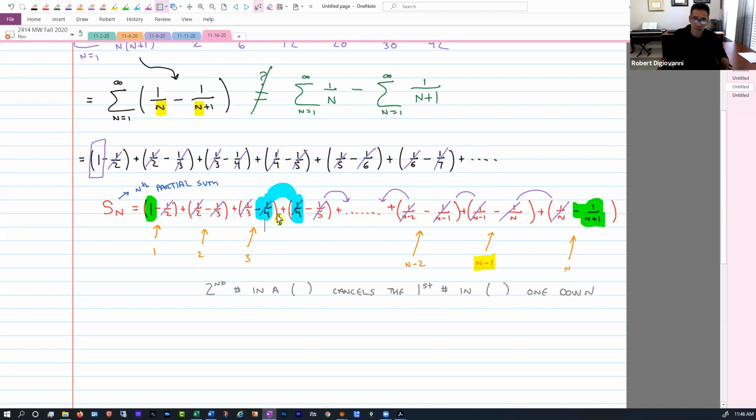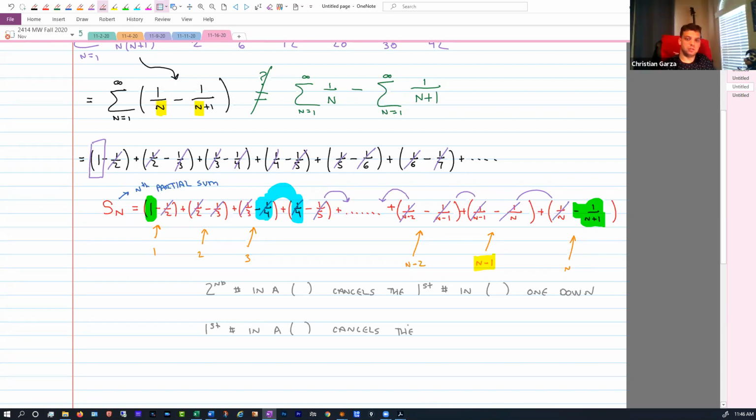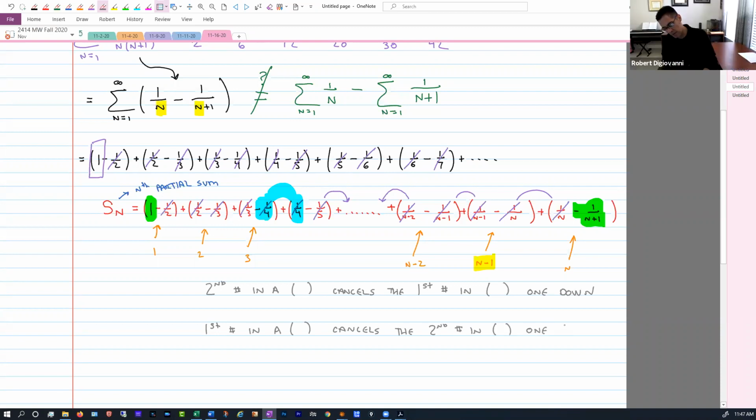Does that make sense? Now you can also say this the other way around. You could say that the first number in a parentheses cancels the what? Second number, the second number where? 1 up, in the parentheses 1 up or 1 to the left.